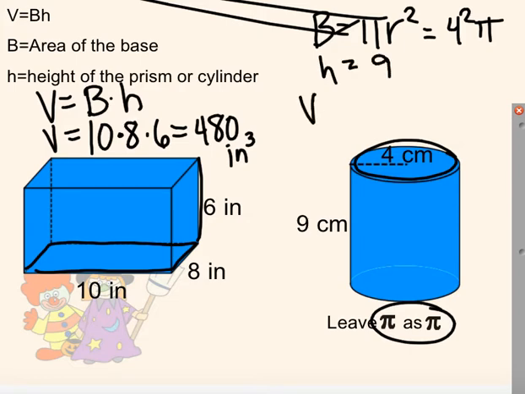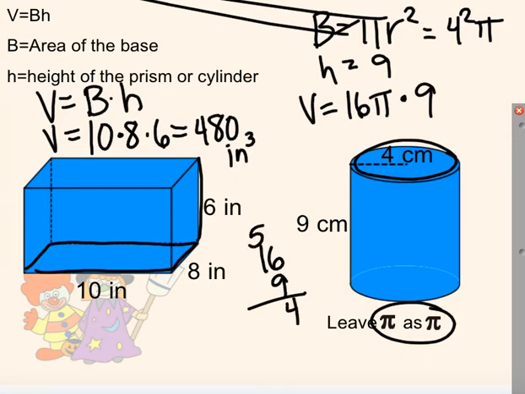So if we put it into our formula, we have 16 pi for the area of the base times the height of 9. When we multiply that together, 16 times 9: 6 times 9 is 54, 9 times 1 plus 5 is 14, so 144. So we have 144 pi centimeters cubed.